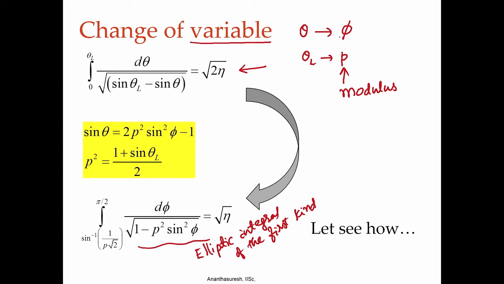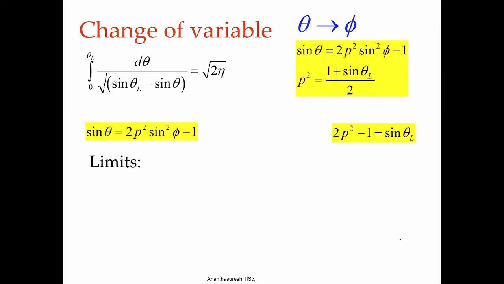So, we are using two changes, theta to phi and theta L to p, which are indicated over here. And let us see how this comes from here, how we get here, we will try to figure that out. So, first let us look at the limits. When we change theta to phi, when I take the case of theta equal to 0, this implies that sin theta, which is 0 from here, equals 2 p square sin square phi naught, let us call it, minus 1.